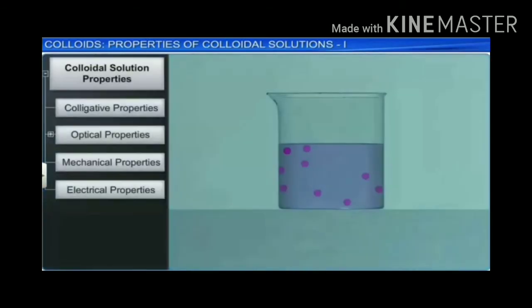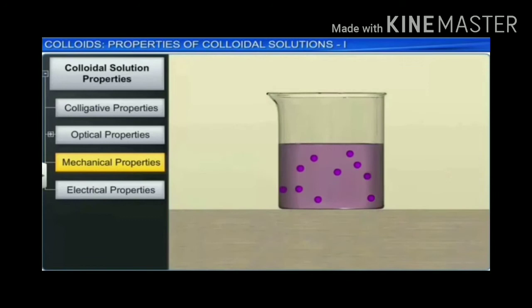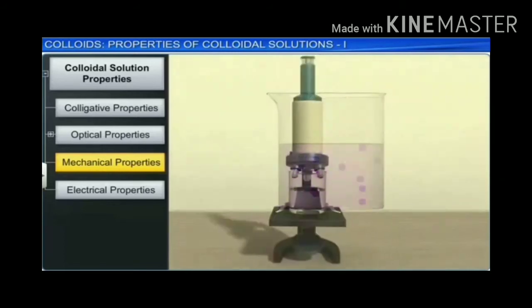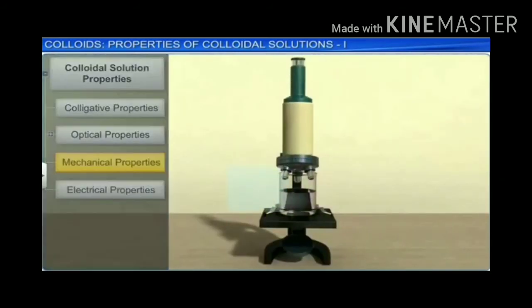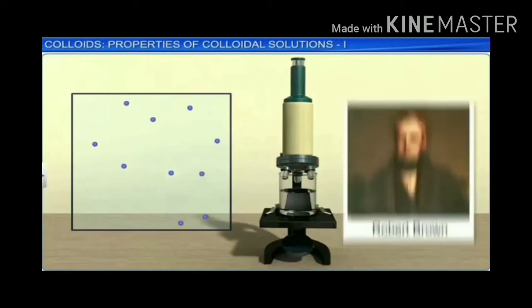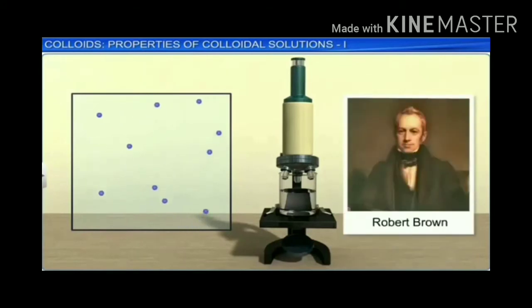Let us now learn about the mechanical properties of colloidal solutions. The continuous zigzag movement of colloidal particles in a dispersion medium is called Brownian movement. This random zigzag motion was first observed under a powerful microscope by the British botanist Robert Brown and is named Brownian movement after him.